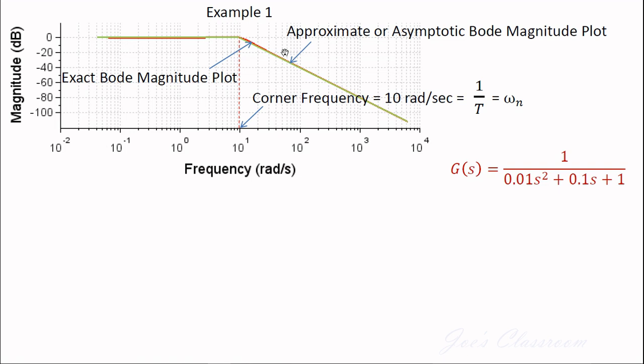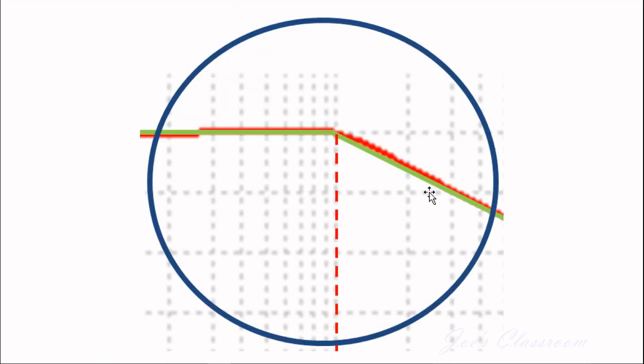And we have to examine how it is going to behave at the corner frequency. If I zoom, this is what you will be able to see. There is not much difference, but the difference may be higher also. It need not be so coinciding. There may be some error.